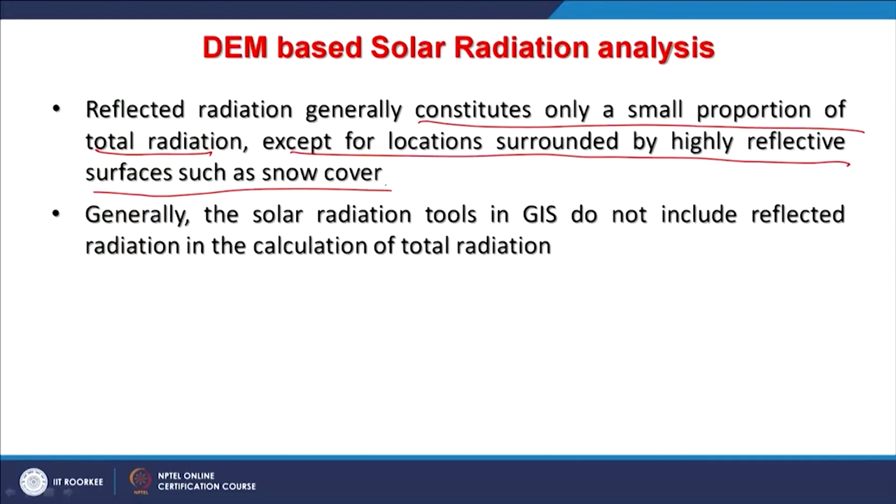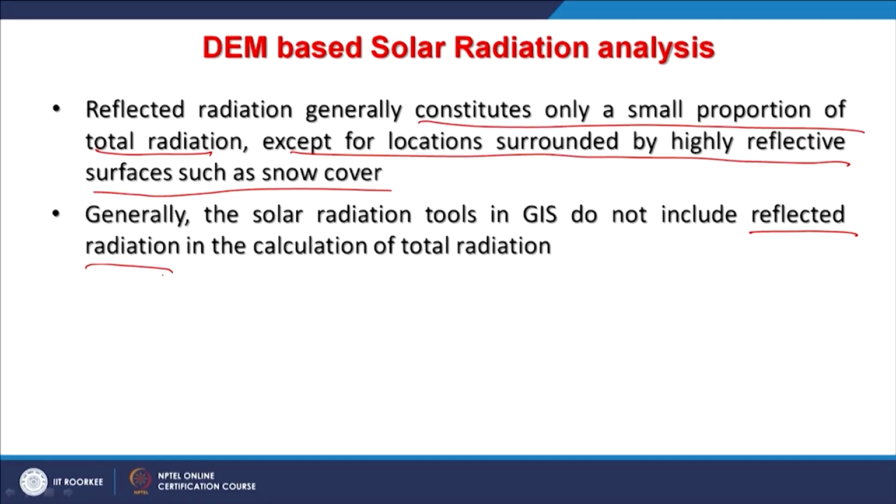And generally the solar radiation techniques or tools to analyze in GIS do not include the reflected radiation in the calculation of total radiation. So, obviously it will estimate for a certain location, but what would happen in real conditions?